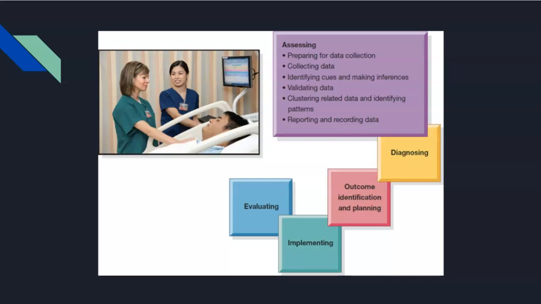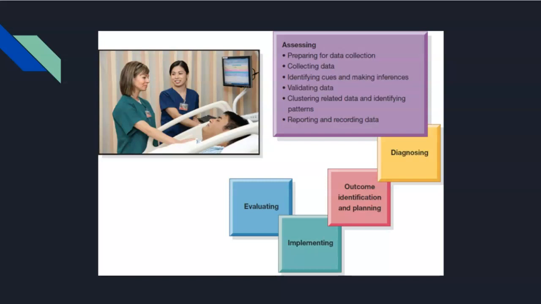Clustering related data. Let's go back to this potential appendicitis patient. You got this patient who came in with severe abdominal pain. They're reporting it in the lower right quadrant. They have been vomiting. They're in the emergency room, so they got some lab work done.